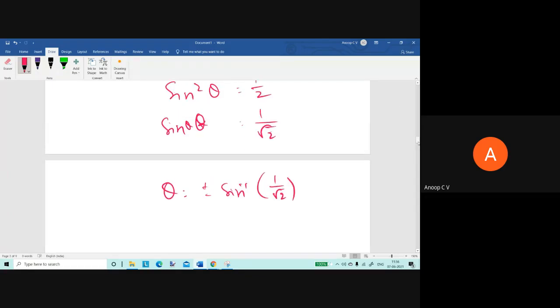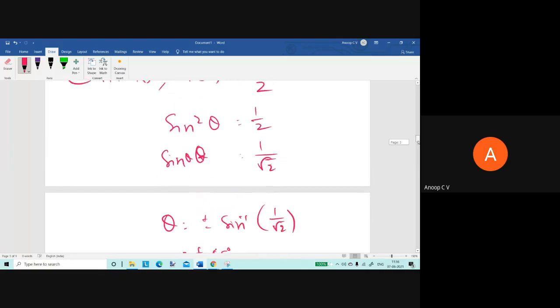Right. So that will be plus or minus 45 degree.